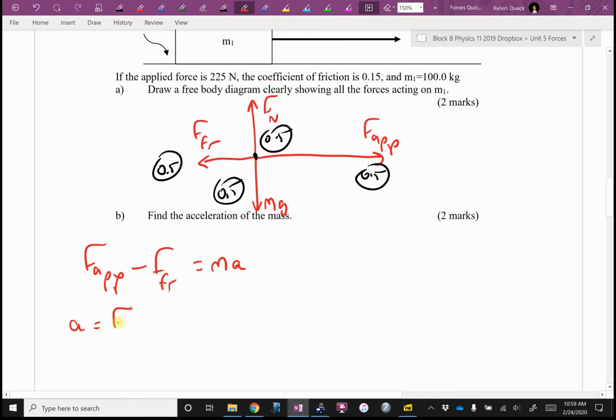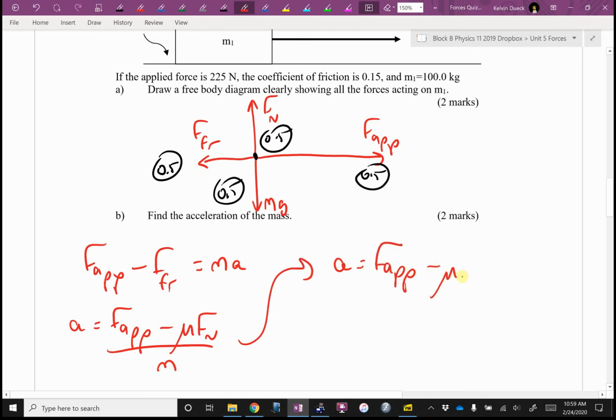A is going to be F applied minus mu times the normal force divided by m. A is going to be F applied minus mu, I don't know the normal force, in this case it is mg divided by m.